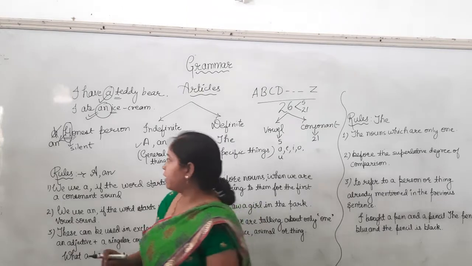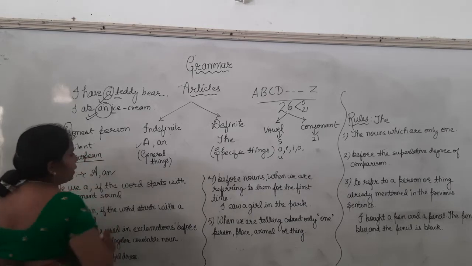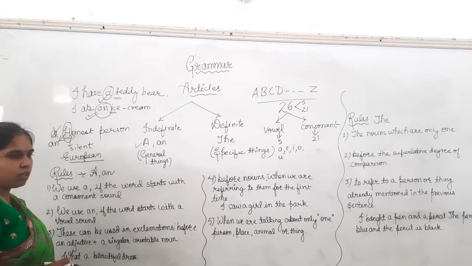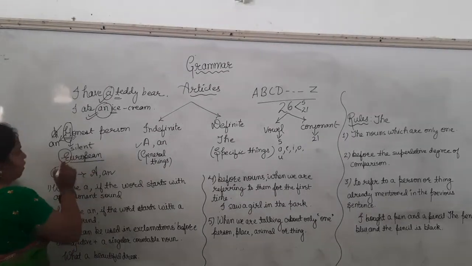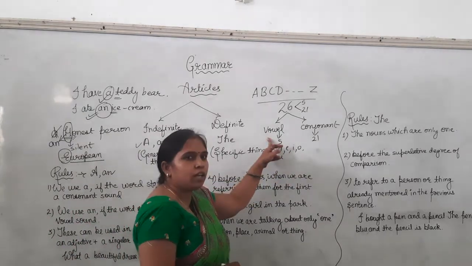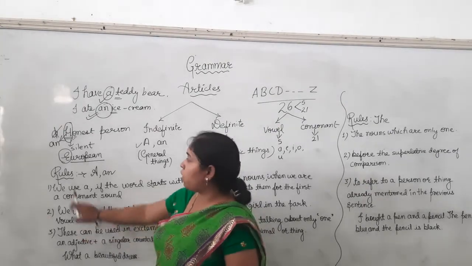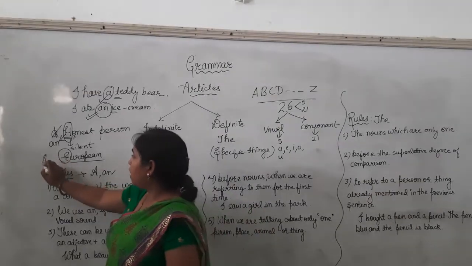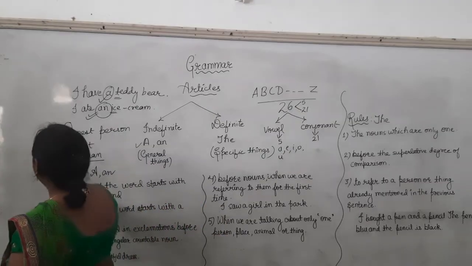Now, European. Here the first alphabet is E. E is a vowel, and as per the second rule, an should come here, but here it will not come.